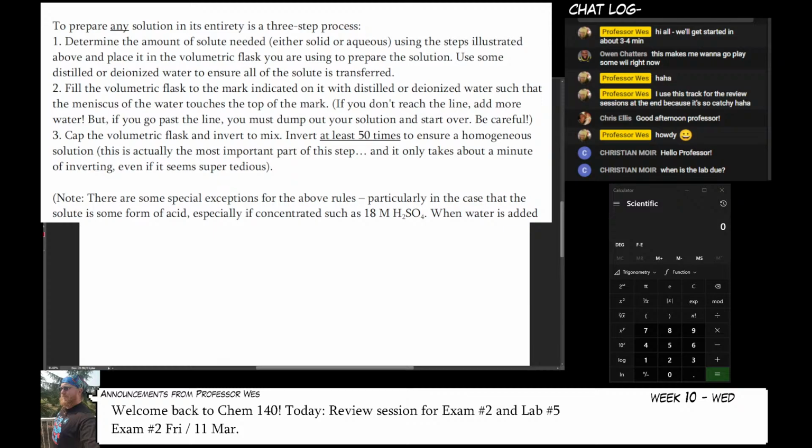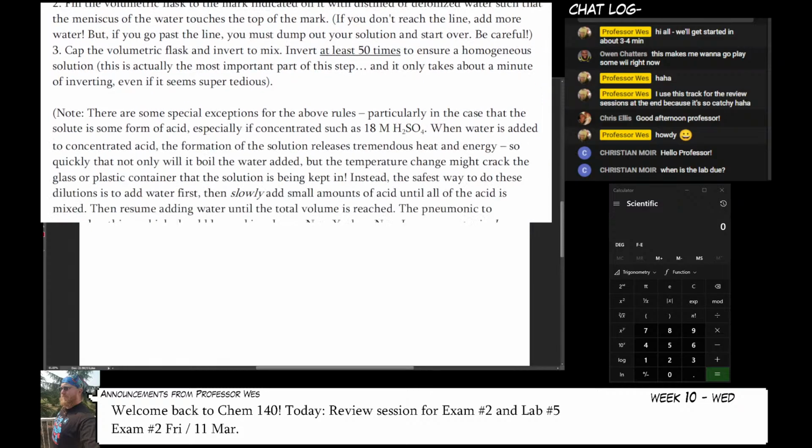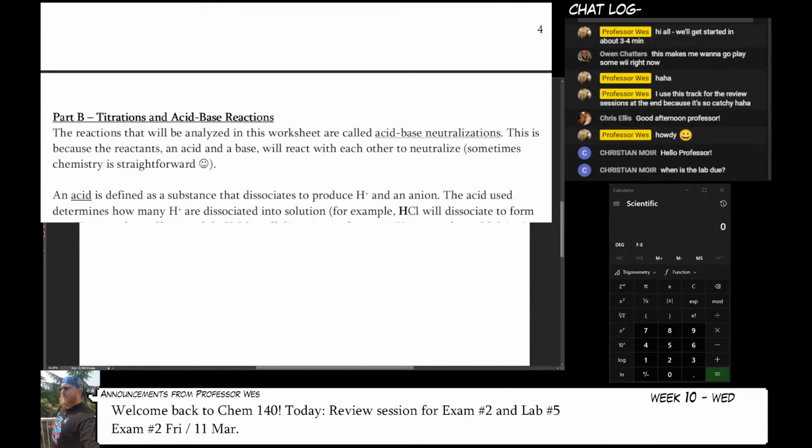Move that into a flask and then fill that flask up to the line, and then cap the flask and invert for 60 seconds. Now, I've written here you want to invert at least 50 times. That's on the assumption that you're flipping it over roughly 1 time every second or so. If you're sitting there and just mixing for 60 seconds, you're going to probably hit 50 times anyway, so that's fine.